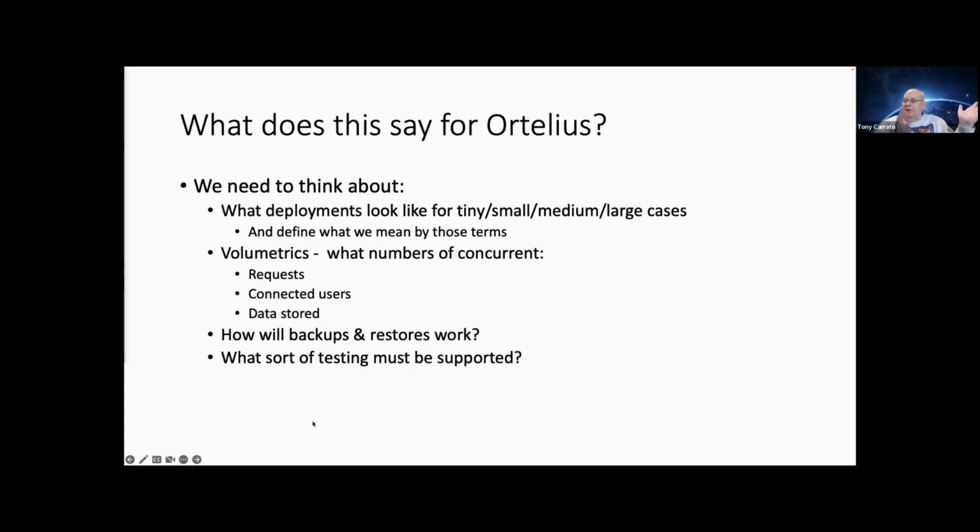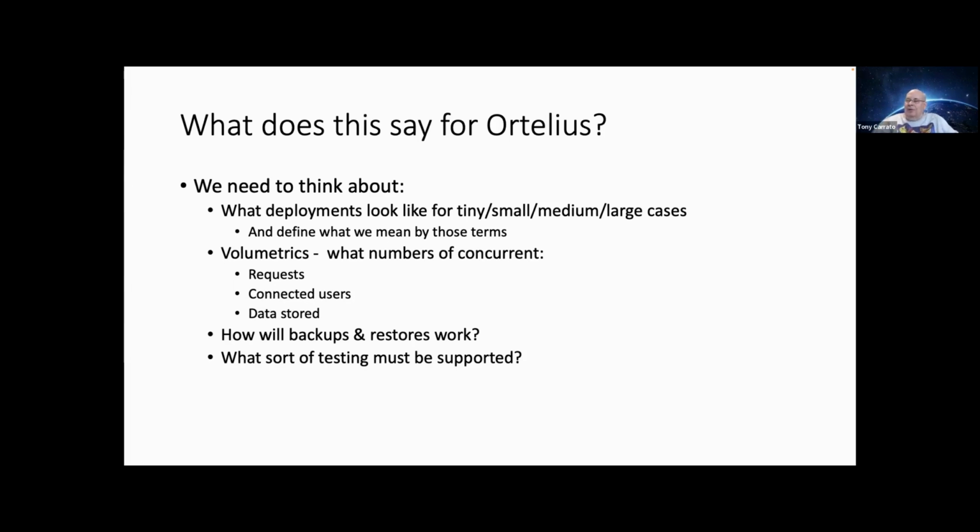So again, we need to think about what a deployment looks like. Sasha, you've demonstrated we can do what I would call a tiny deployment, a single desktop. Up to a very large instance, where we want to team up with the folks at Jenkins and intercept all their flows, what does that look like?